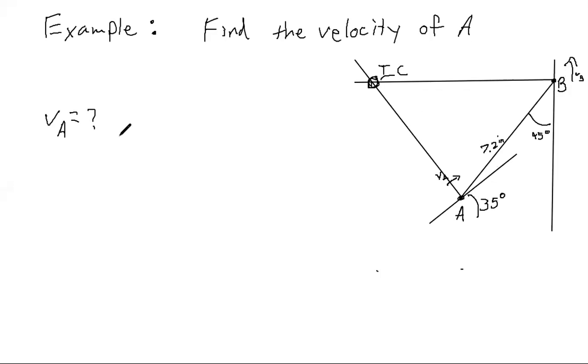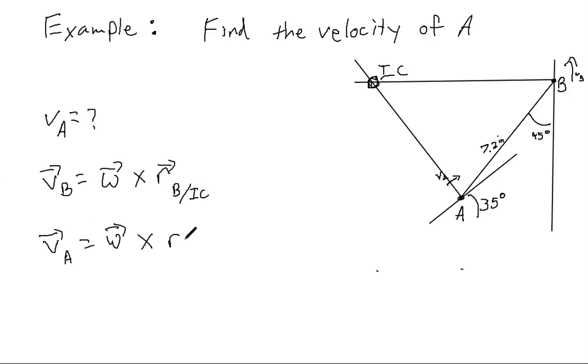So we can say that VB equals omega cross R, from the instantaneous center to B. Similarly, we would have VA equals omega cross RA. And the two omegas are the same. That's the whole point of using the instantaneous center. It's a common angular velocity about that point.